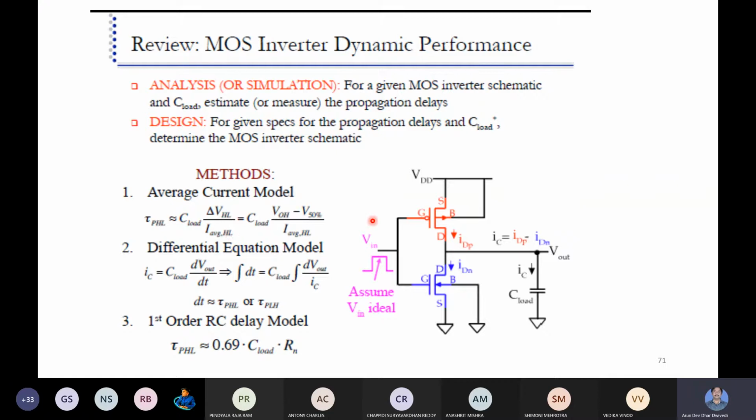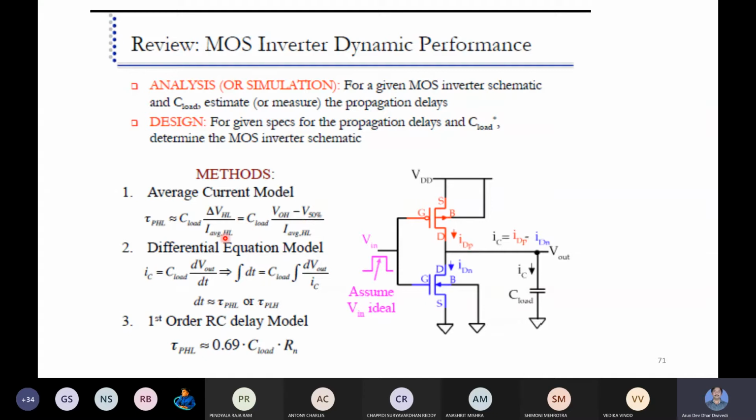I average can be calculated by taking the current when the output was initially VOH, and the current when the output reaches V50%, which is half of VDD, the 50% of maximum. We add both together and divide by 2, and that gives the I average.